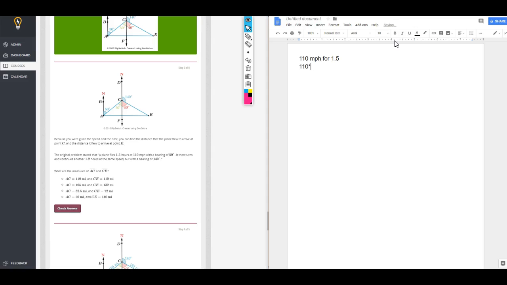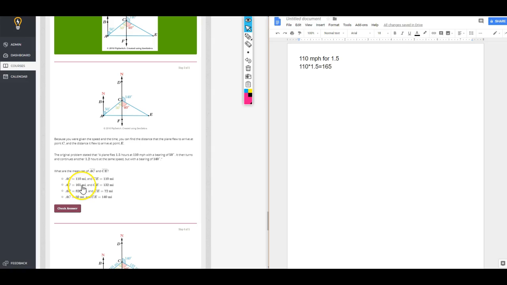So I'm going to multiply that by the total time it was flying, which is 1.5. So 110 times 1.5 is 165. So it traveled a total of 165 miles. So AC is 165 miles, and I'm going to look for that.